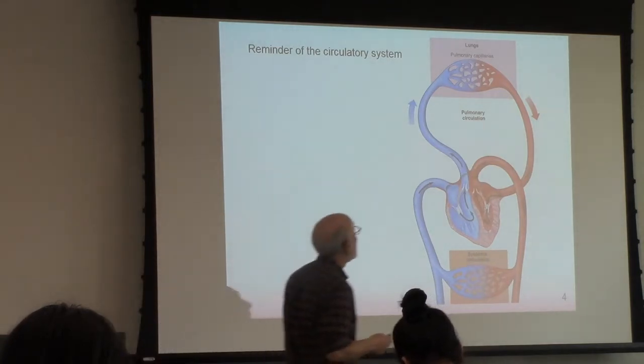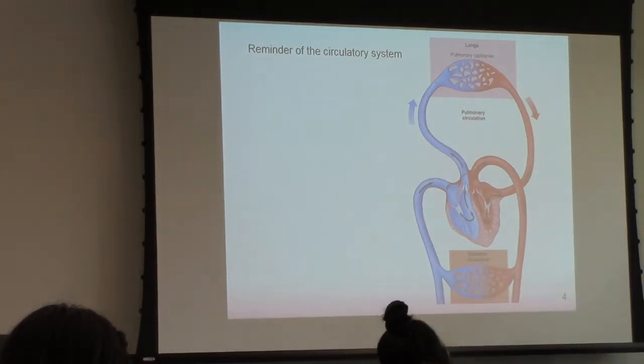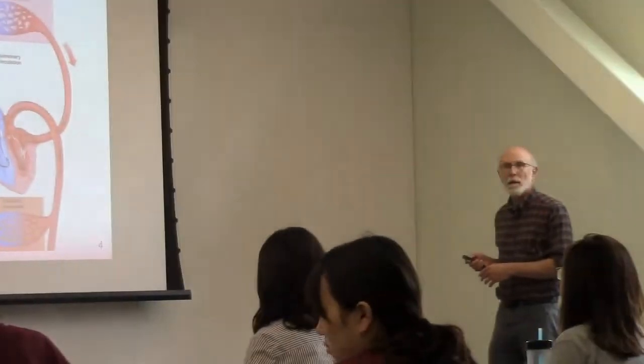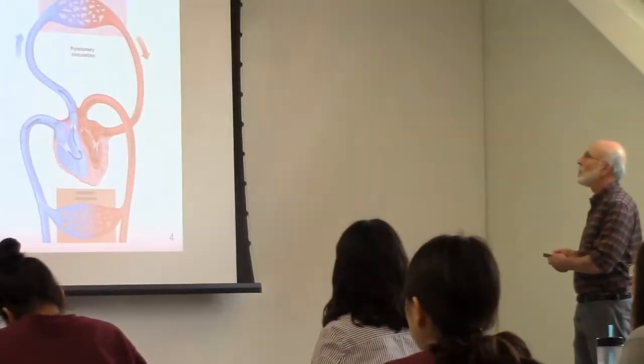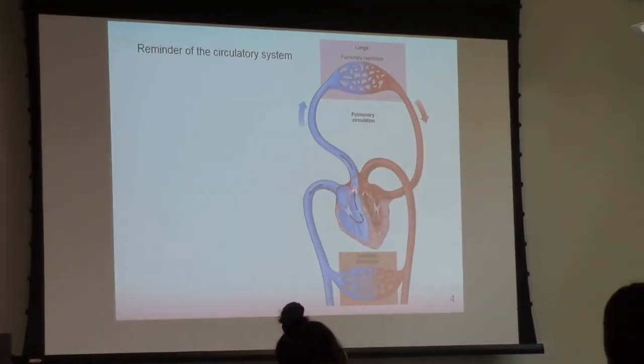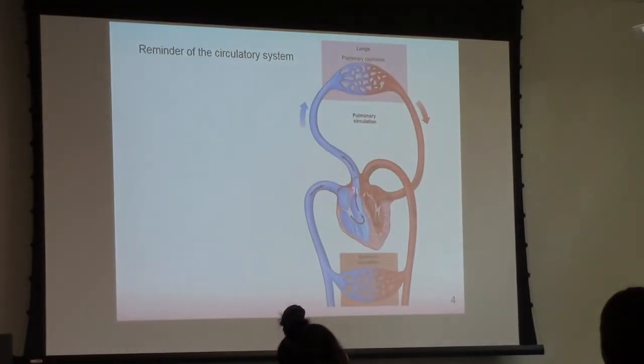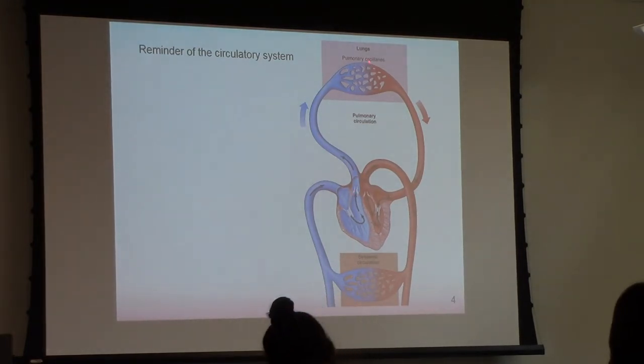Okay, so now let's review just for a minute the circulatory system. Remember that the right ventricle pumps blood out through the pulmonary semilunar valve into the pulmonary trunk and pulmonary arteries. This is simplified. Into pulmonary capillaries where gas exchange happens, right?